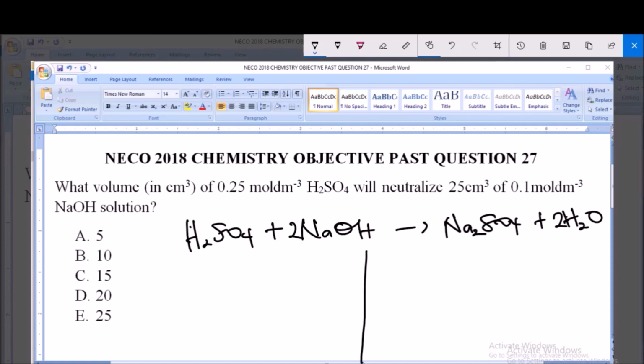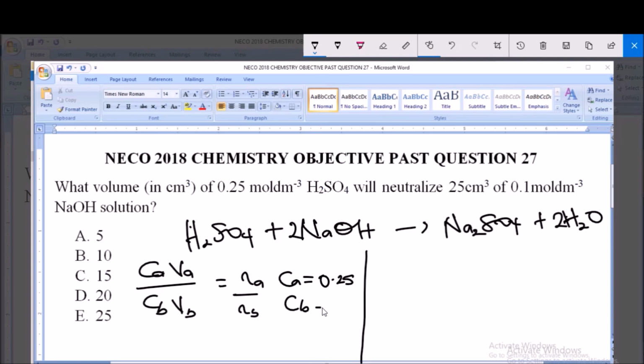So now from here we can simply say, using the formula, CaVa all over CbVb is equal to Na all over Nb. Now we have that Ca, which is the concentration of the acid, to be 0.25 mole per dm cube. Cb is equal to 0.1 mole per dm cube.